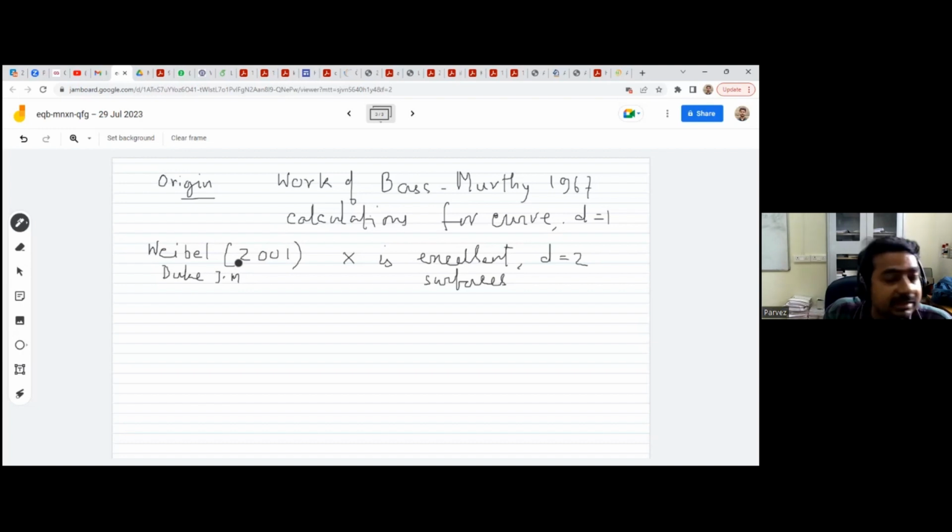Okay, so then with the invention of cdh topology due to Voevodsky, in 2008, Cortiñas, Haesemeyer, Schlichting, and Weibel, this four-author paper appeared in Annals of Mathematics in 2008.